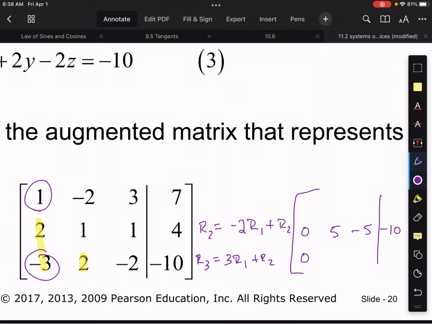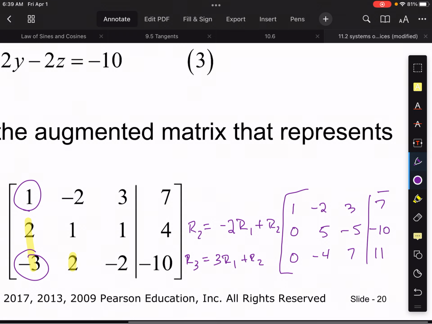Negative 6 plus 2 is negative 4. And then 3 times 3 is 9, plus negative 2 is 7. And then 3 times 7 is 21, plus negative 10 is negative 11. Ooh, did I say negative? I think I mean positive. 3 times 7 is 21, yeah, so positive 11. Okay, so I made that a 0 as well. I'll keep my first row the same. And now I have a brand new matrix that I'm looking at.